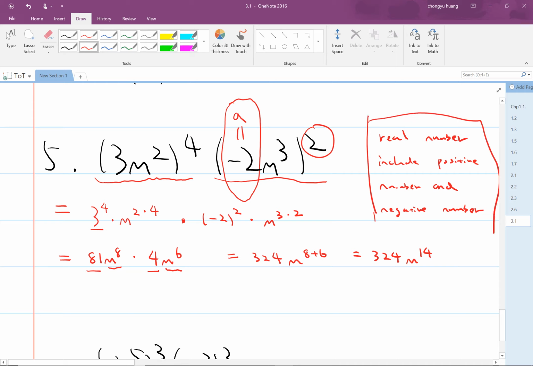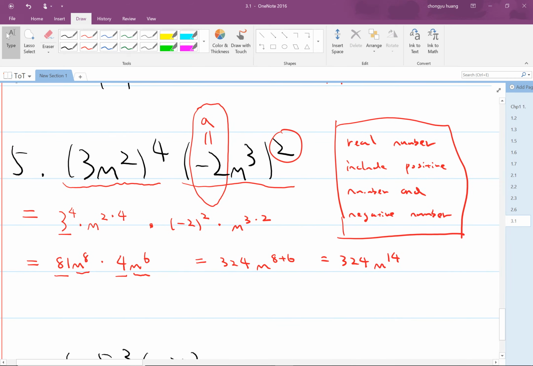So the only requirement for a is that it is a real number, and a real number includes positive and negative numbers. So the condition is fully met. I think everyone should understand it right now.